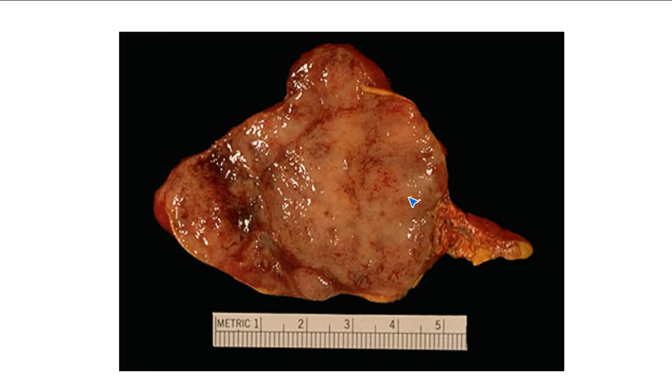Let's describe it a bit before we decide what it is. So we have these kind of tan looking areas, and we have areas of hemorrhage. Yes, okay, fabulous. So we have all these areas of hemorrhage, which are the red areas that you're talking about, right? And it's extending from the medulla through the cortex.